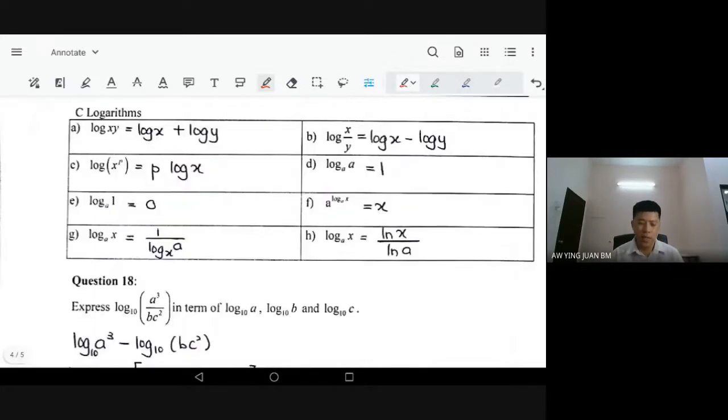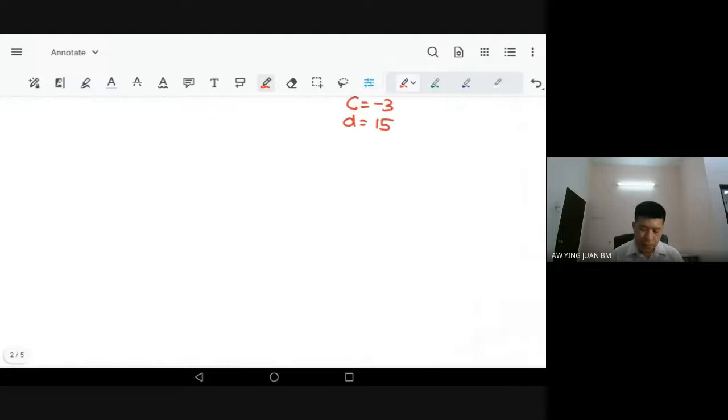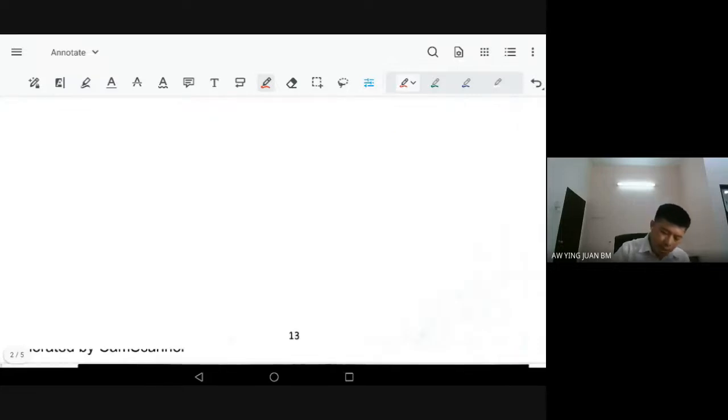Ini. So pagi ni kita bincang apa? Kita bincang real number. Okay. So inside the real number, we have natural number. Then we have whole number. Then we have integer. So inside integer, we have positive integer, we have negative integer, we have neutral. Okay, neutral, which is the 0. Then we have rational.